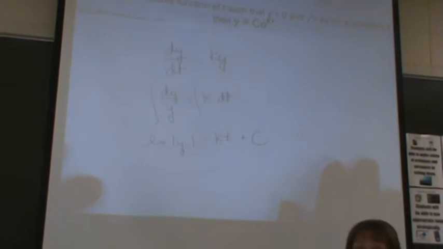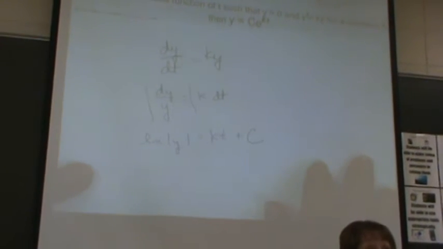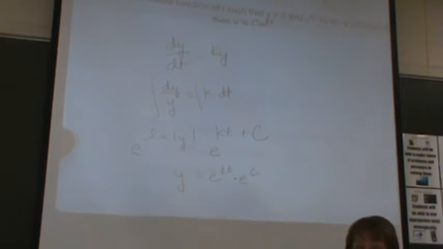Now, we want to get rid of the ln. We want to solve this for y. We've done some of these already, so this is not going to be brand new. We are going to exponentiate each side, which means we'll have e to the ln of y, which is y, equaling e to the kt plus c, which is the same as times e to the c, correct? Because if you have a base times a base, you're adding the exponents. So we're kind of working backwards that way.